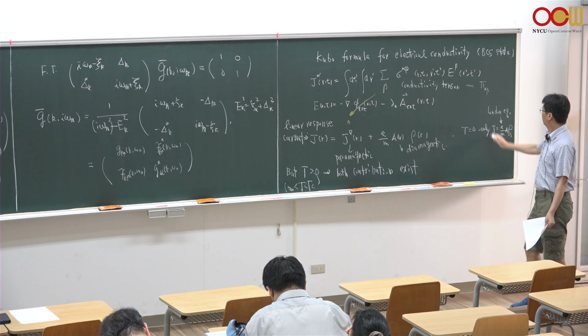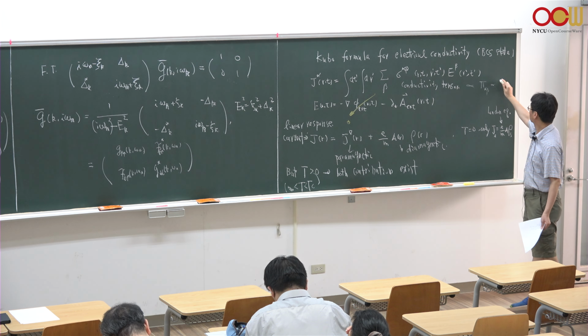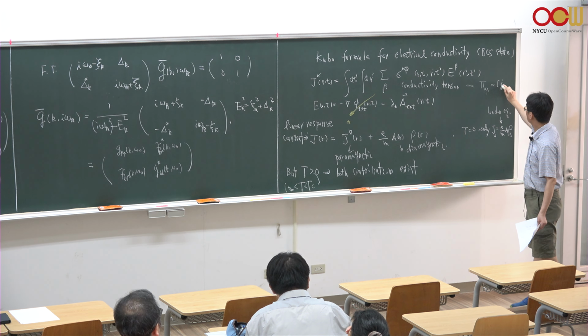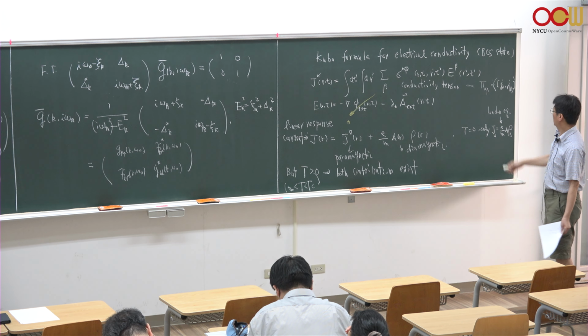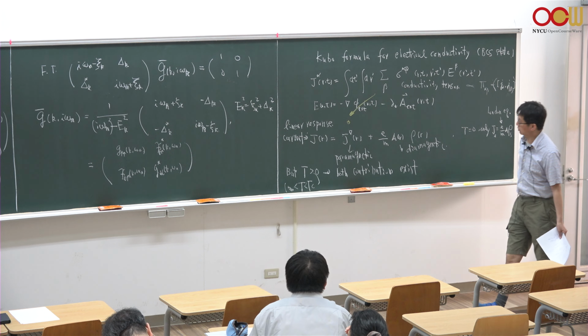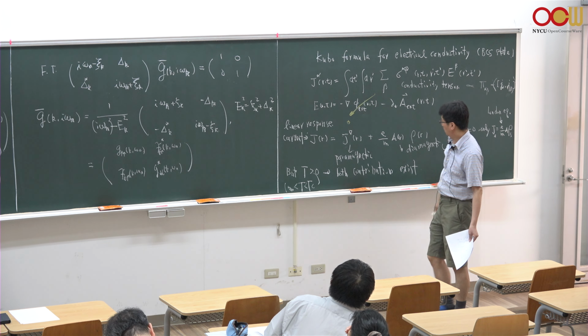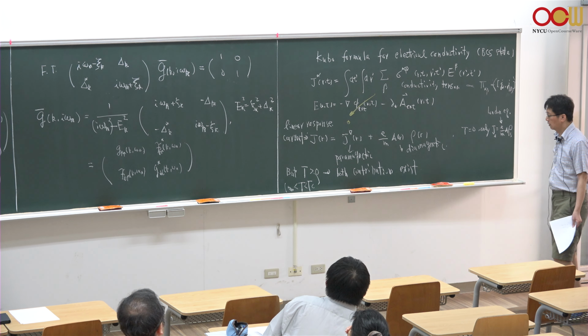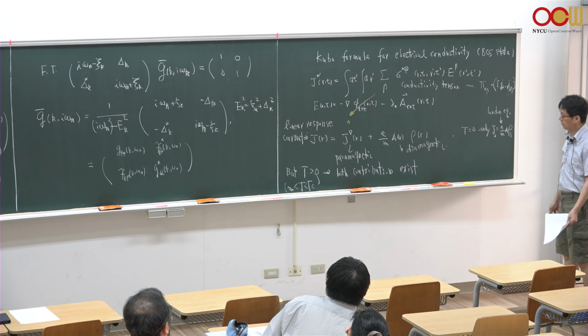But this pi alpha beta is nothing but the current correlator. The J alpha, J beta are simply the J gradient, the paramagnetic part of the current operator. So we will come back to this in just a moment.